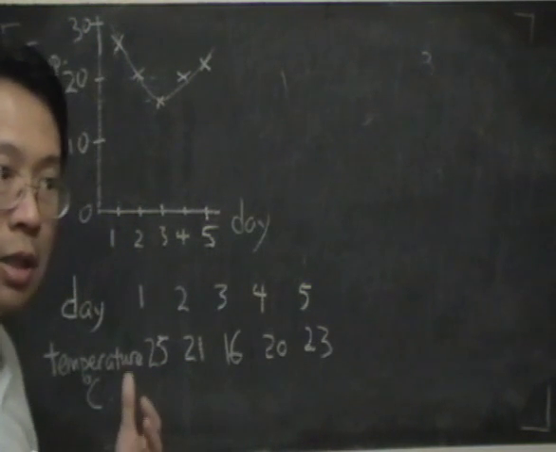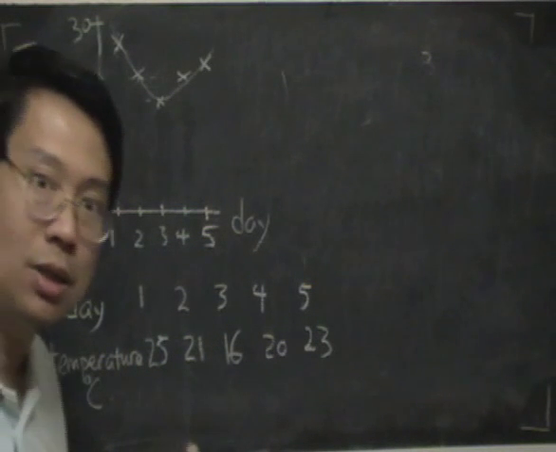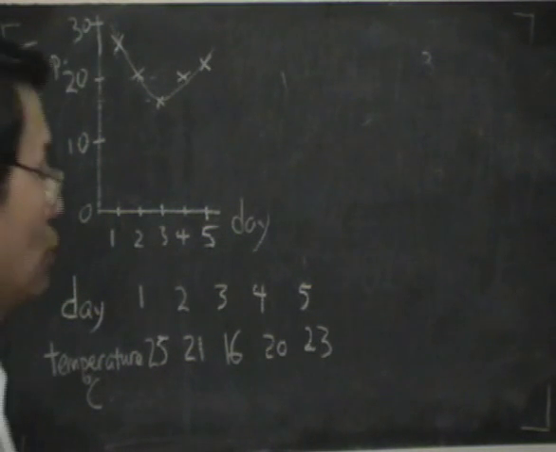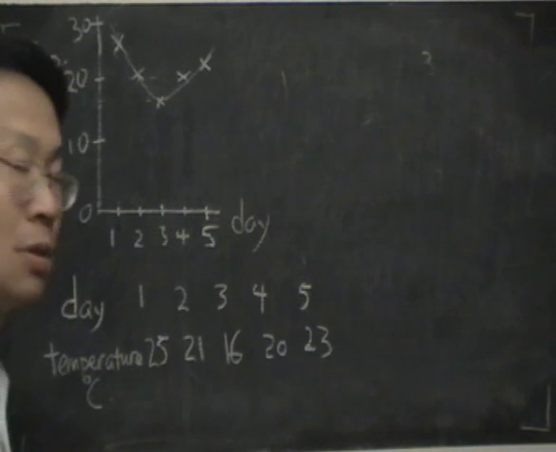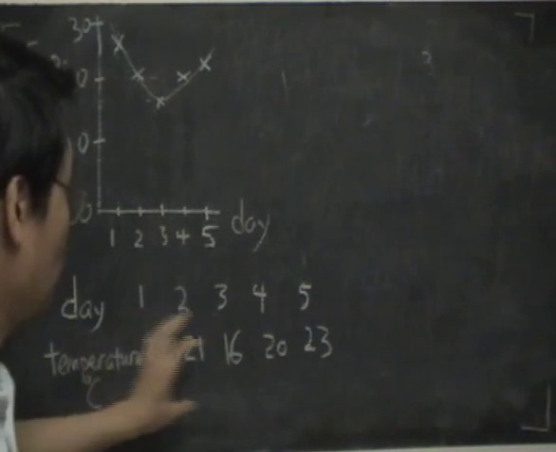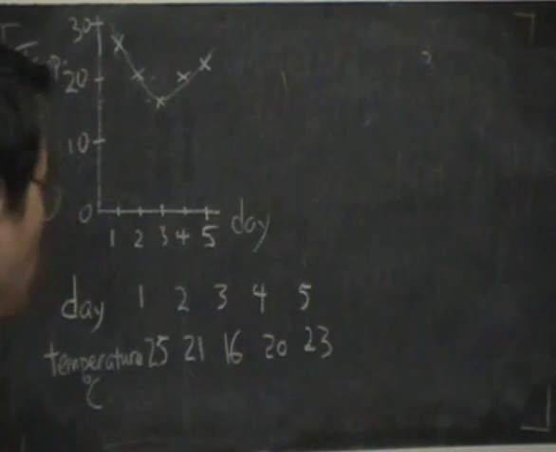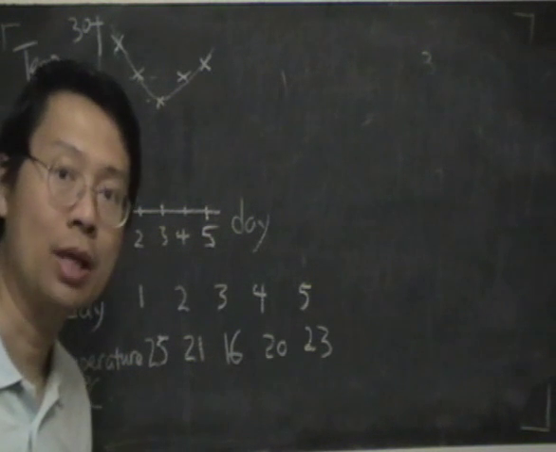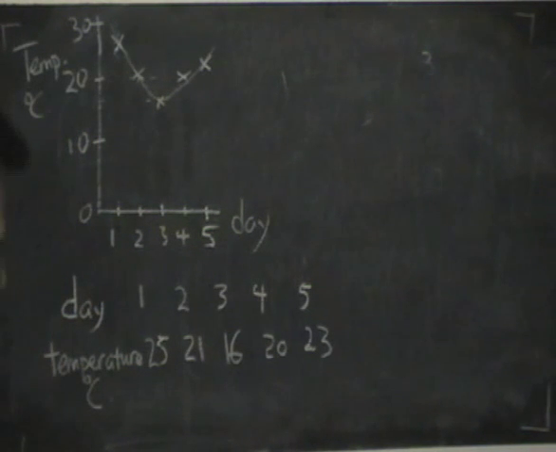So this is the way that the picture tells us very quickly some information that is not so obvious, that we can't see so quickly just by looking at the numbers. Right, so that's a graph.